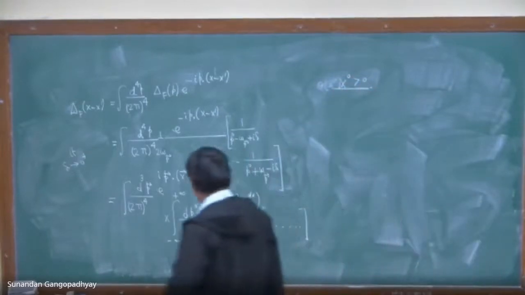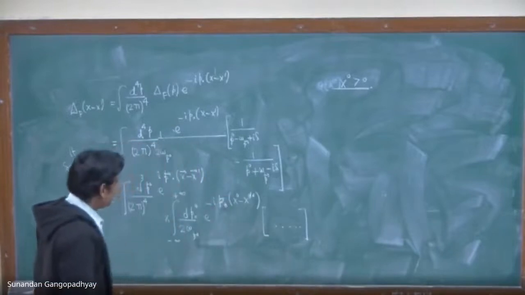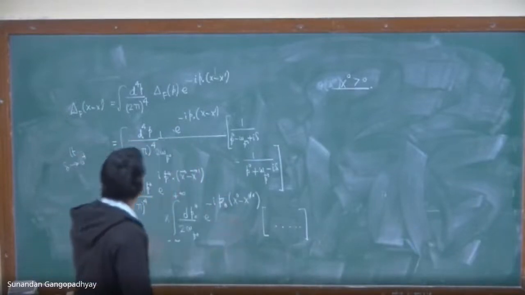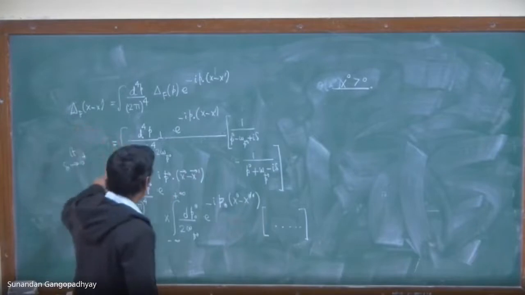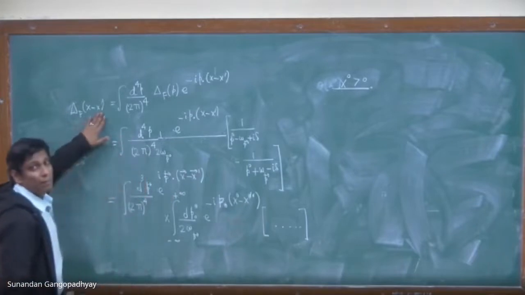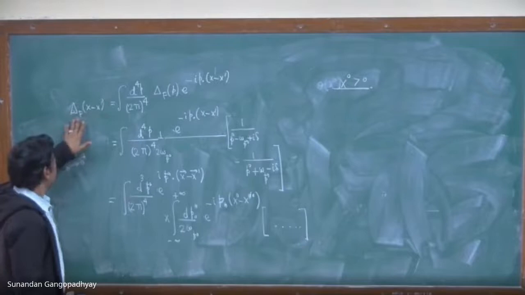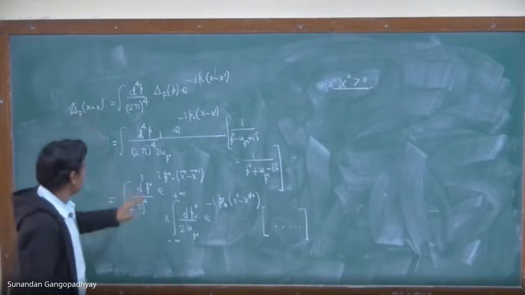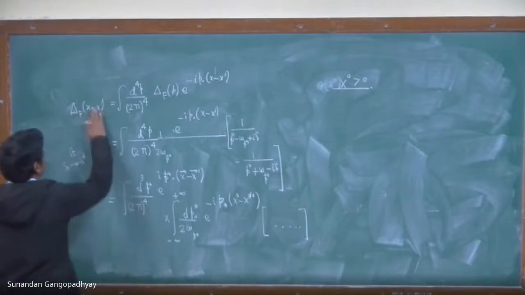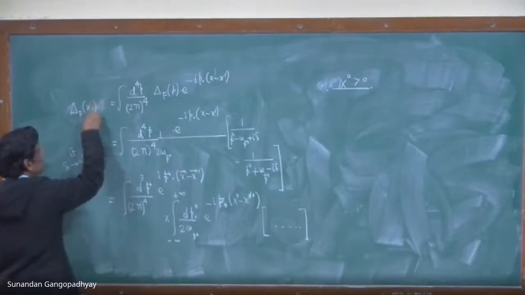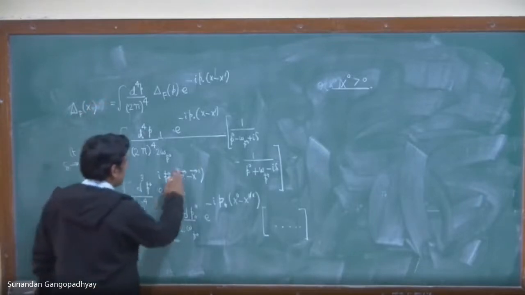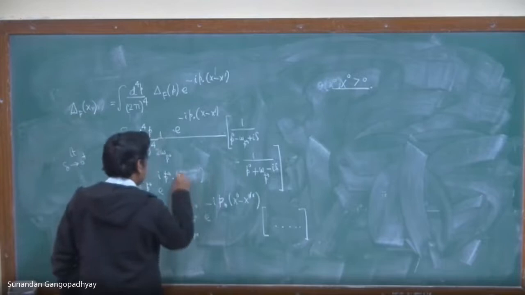You can actually forget about x prime, then this will just become delta F of x. You can just remove this and write this as delta F, which will just make things simpler and nothing else.